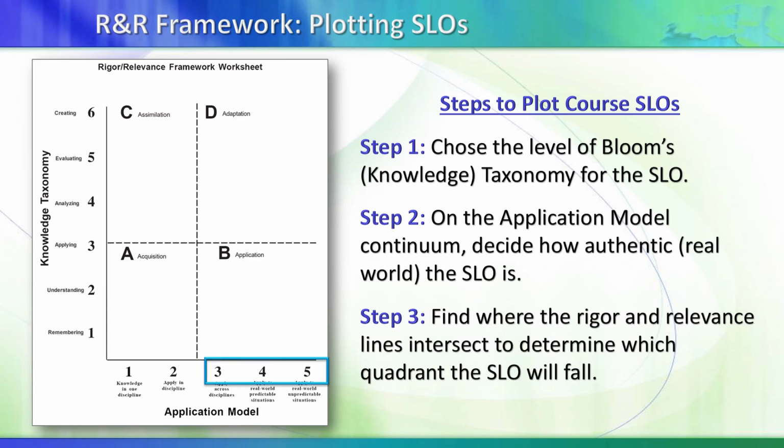So don't get caught up splitting hairs over the difference between a 4 and a 5 on the application model, as they are both real-world applications. The quadrant itself is what matters because that is what determines the appropriate assessments. Remember that all SLOs and EOs must be assessed.